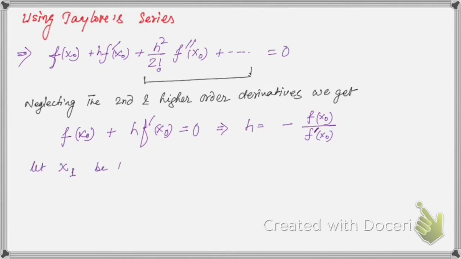Now let us consider x1 to be the first approximate value which is better than x naught.